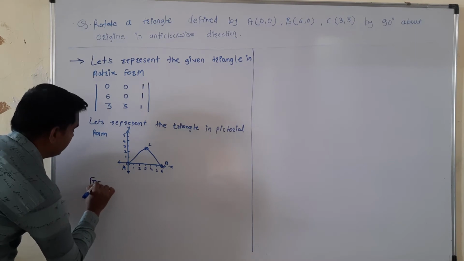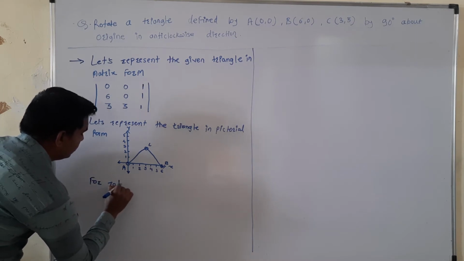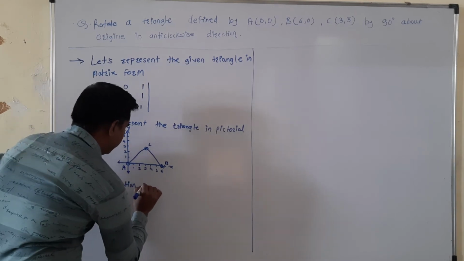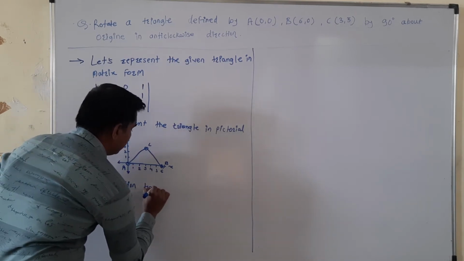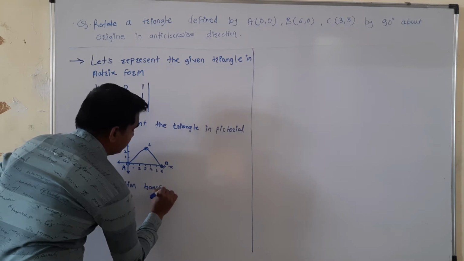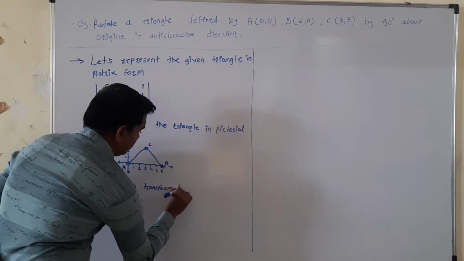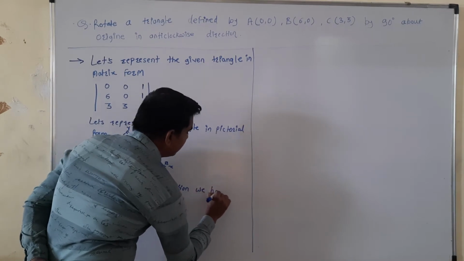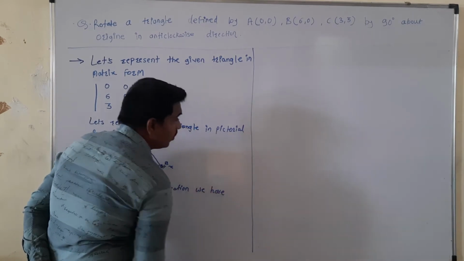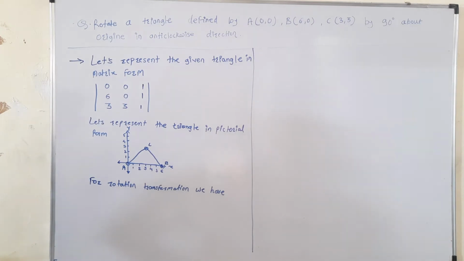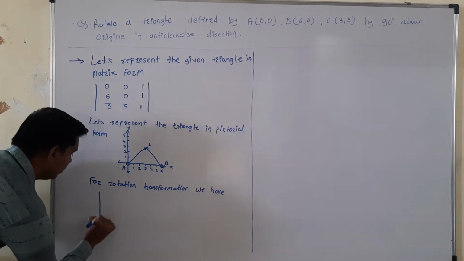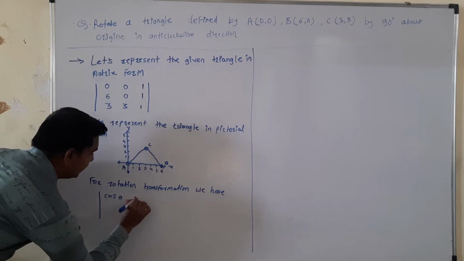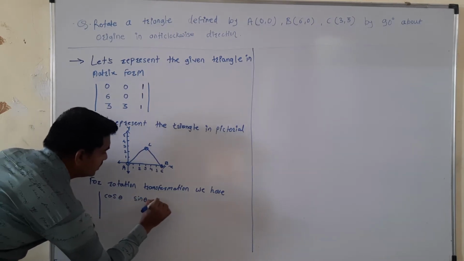So for rotation transformation, we have the rotation matrix: cos theta, sin theta, 0.